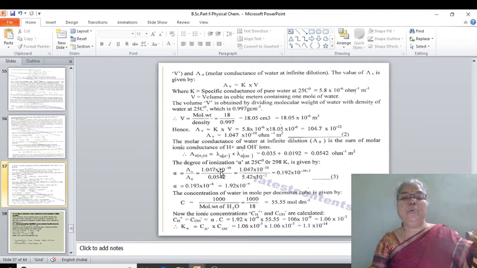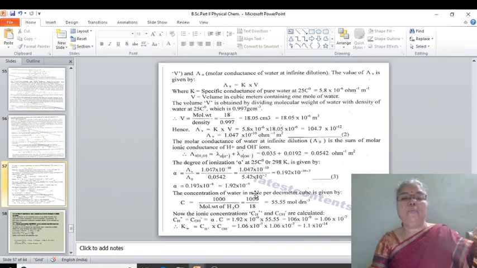Putting these values, 1.047 into 10 raised to minus 10 divided by 0.0542, it is equal to 0.192 into 10 raised to minus 10, and therefore alpha is equal to 0.193 into 10 raised to minus 8, which is 1.92 into 10 raised to minus 9.